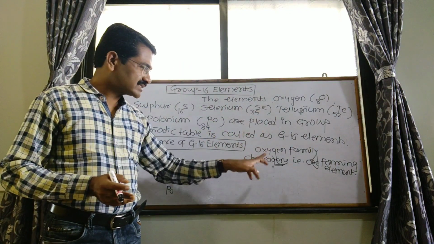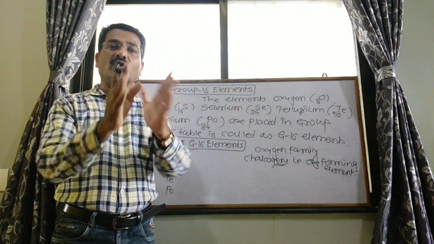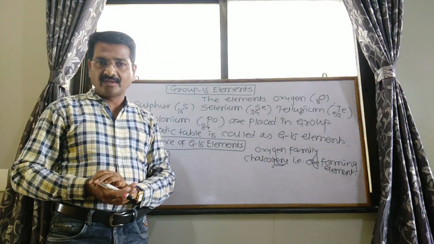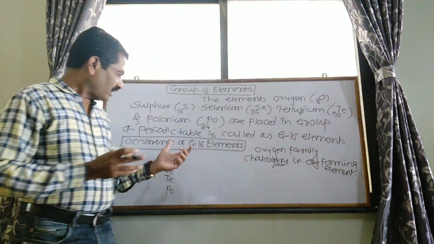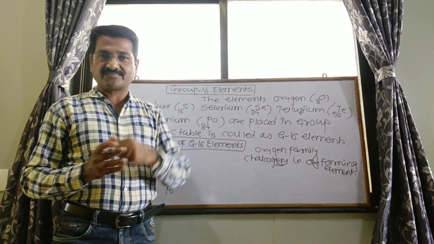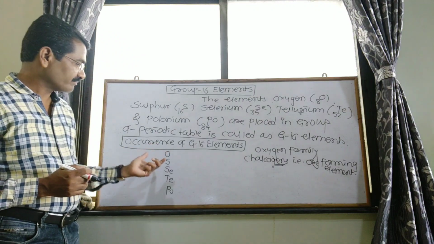They are also called chalcogens, that is, ore forming. These elements can form ores, so they are called ore forming or chalcogens. What is the actual occurrence of all these group 16 elements?